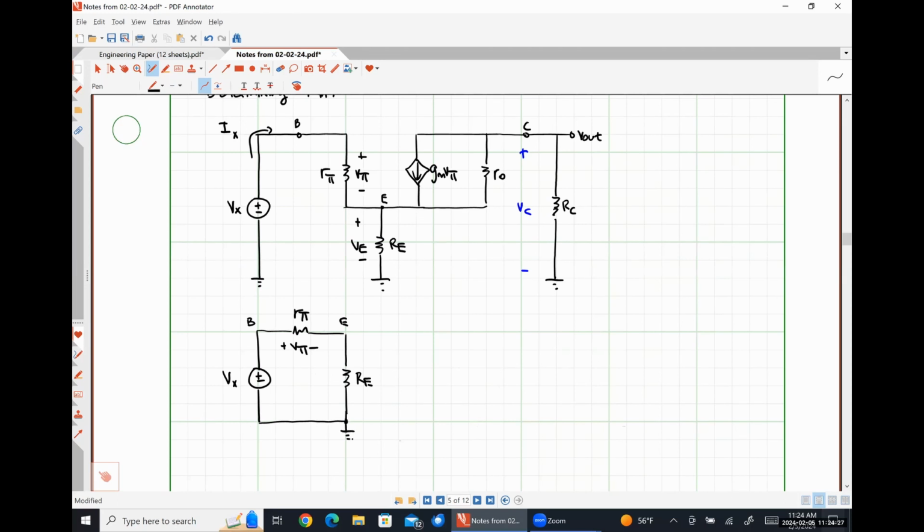And I'm just tying my grounds together. Now, if I do a source transformation on that dependent current source in parallel with that resistor R naught, it's going to wind up looking like a dependent voltage source in series with that resistor R naught.